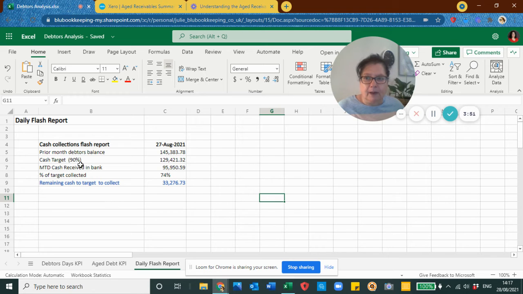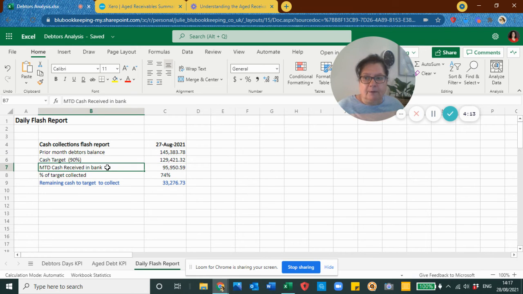And talking about a cash target, I've got 90% in this particular example. So you've got a prior month debtors balance of 145,000. 90% of that is coming out at 129. So I'm looking to get £129,000 collected by the credit controller in this month.